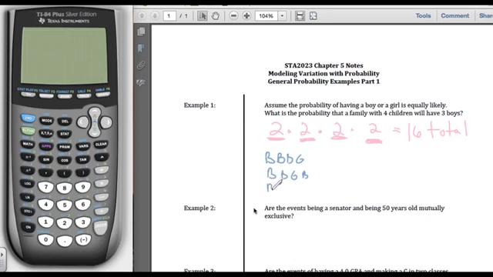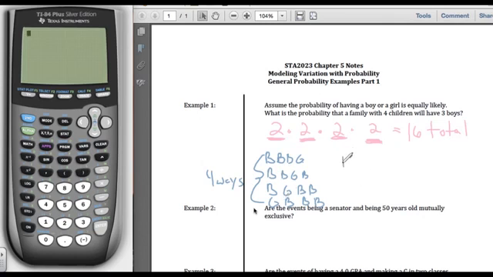Or we could have boy, girl, boy, boy. Or the girl could even be the oldest child, followed by 3 boys. Essentially, we just moved this girl up in the birth order. There are 4 ways the family could have exactly 3 boys.